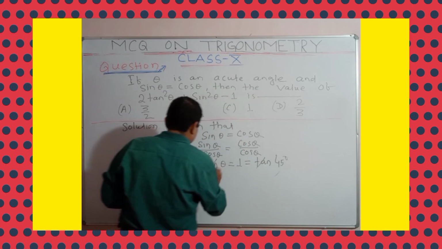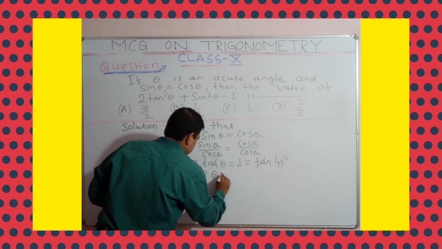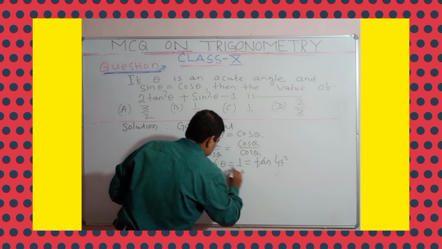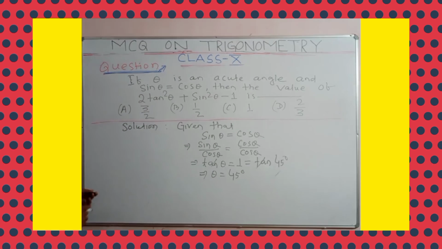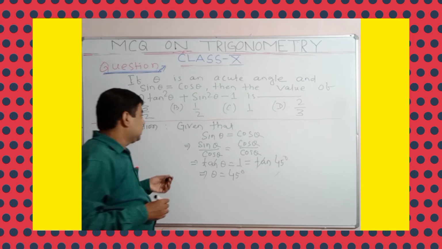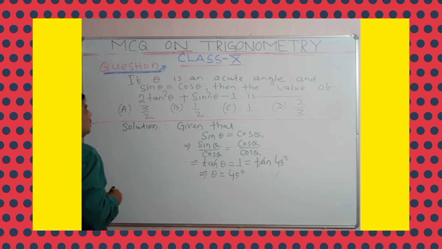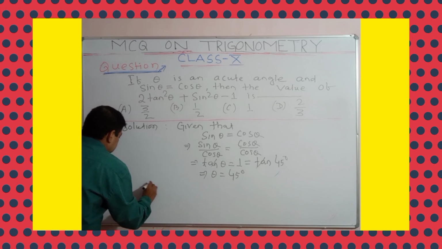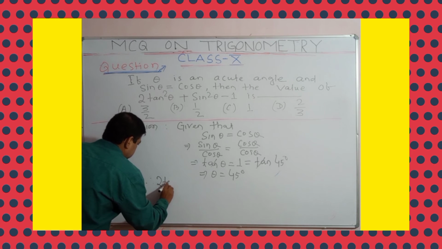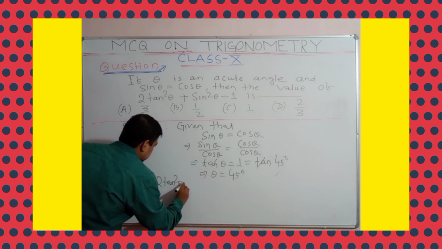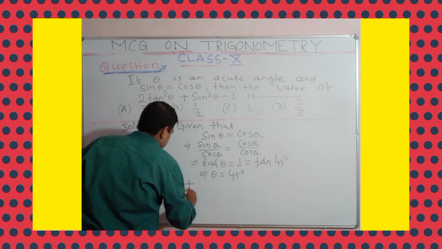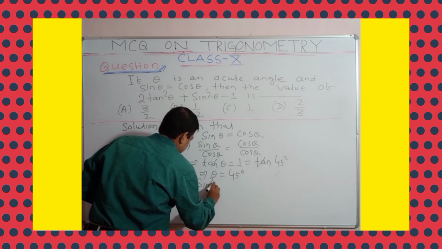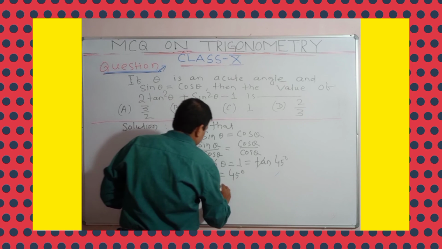So tan we can cancel, so theta is equal to how much, 45 degree. Okay, after that you can use the value of theta in the given expression.